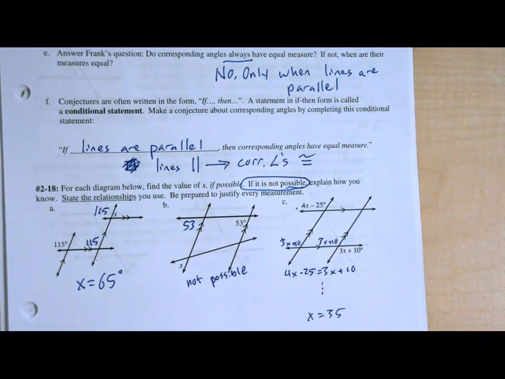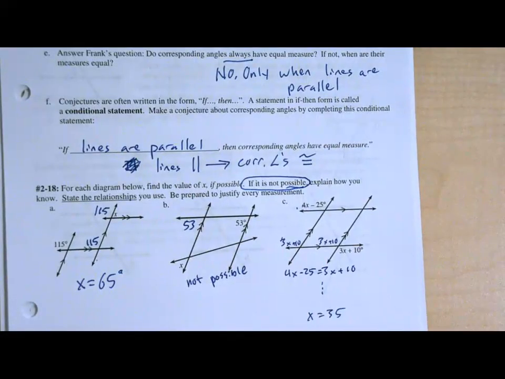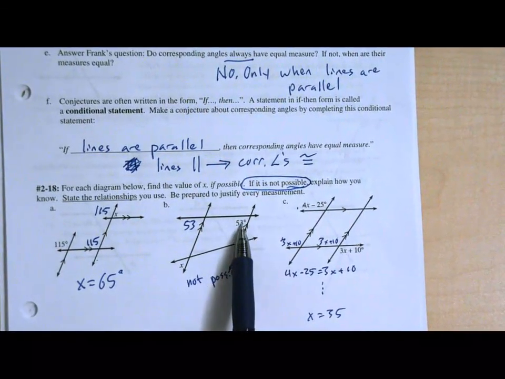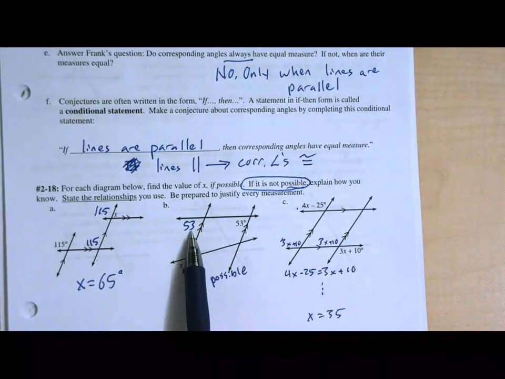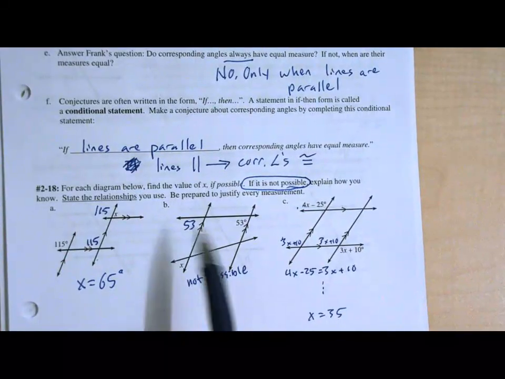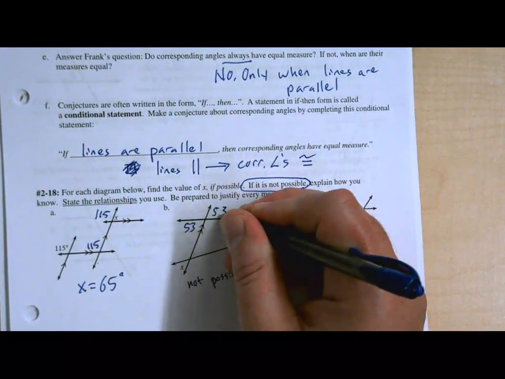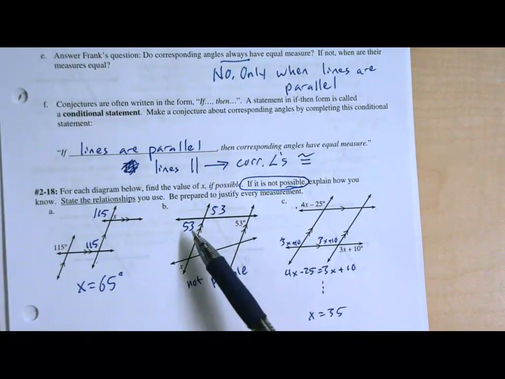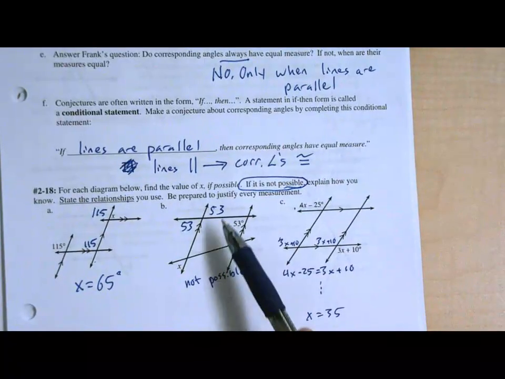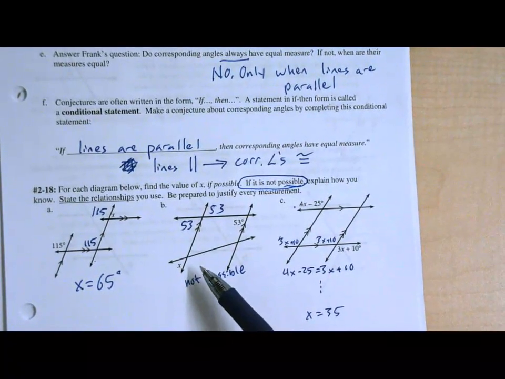Can I get somebody to confirm this, because I haven't worked this problem in a while. I'm pretty sure B is not possible. I think this 53, I can move it to here, correct? Because these two lines are parallel. So I'm convinced that this is 53 and this would be 53, and I could find these other two angles too, but I don't think there's a way for me to transfer from here to here because these two lines are not parallel. We can't use corresponding angles for that.